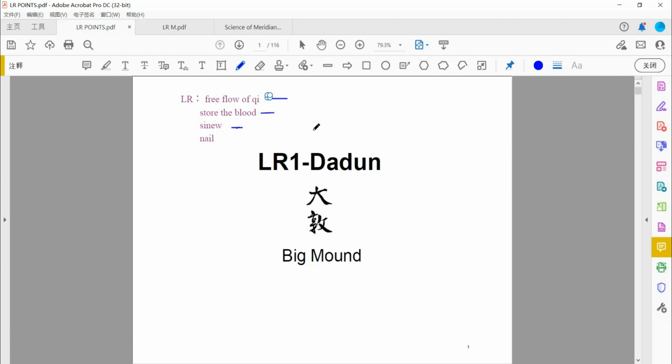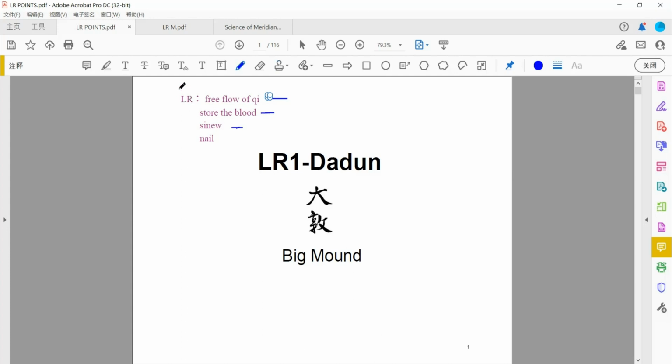That means if the patient has some qi stagnation, for example, they will feel distension somewhere in the body. That could be a sign of qi stagnation.